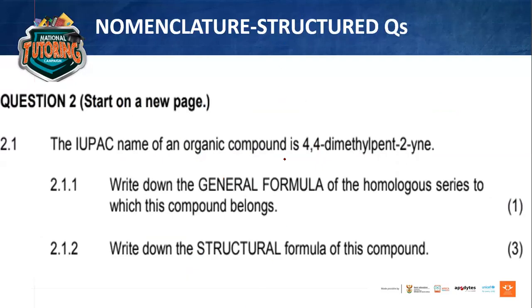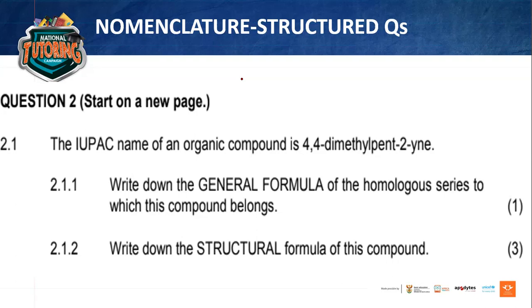Now, let us go to structured questions. Question number 2. The IUPAC name of an organic compound is 4,4-dimethylpent-2-yne.